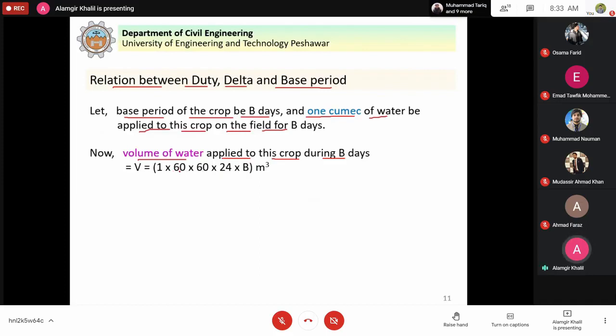Clear? So the idea here is that we have, for example, 1 cubic meter of water. This is the volume for 1 second. Now we want to find out what the volume will be if it is flowing for B days.